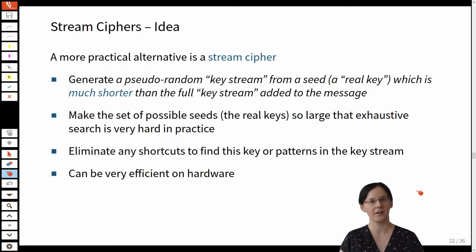So in particular, it shouldn't allow to find things like patterns in the produced key stream or to predict the key stream. And because these stream ciphers very often operate by producing this key stream bit by bit in some very cheap operations, they can often be very efficient in hardware, in particular in terms of area.